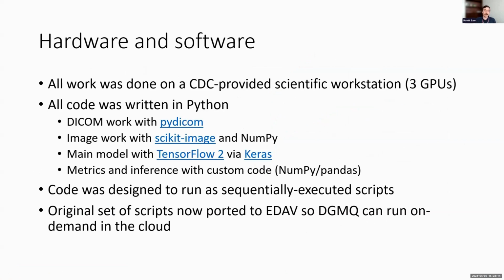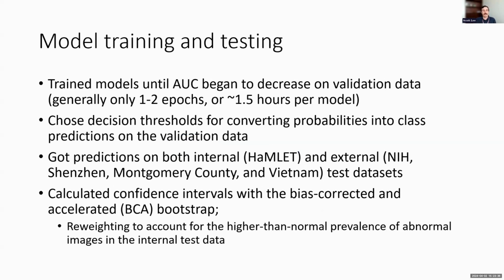Code was designed to be run as sequentially executed scripts, which was my attempt to make it something akin to a workflow that could be rerun when TGMH had new images come in. And then, sorry, EDAV here is a CDC-specific acronym. Should have taken it out, but basically we got all of these scripts ported into our cloud environment so that now this can be run in a more automated fashion without me having to do it manually.